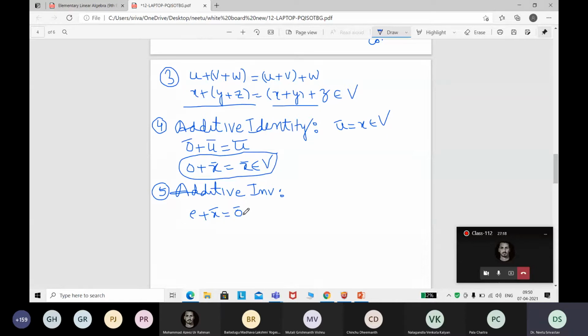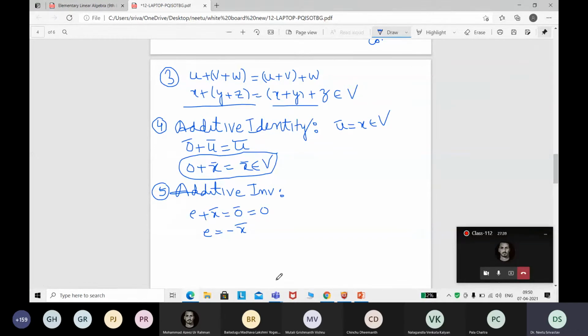So 0 is nothing but 0 only, right? I can say e is unknown. So I can have e is equal to minus of x or minus of x bar.